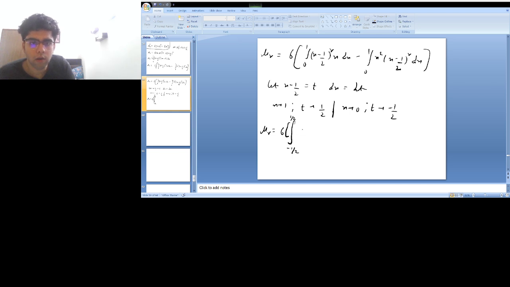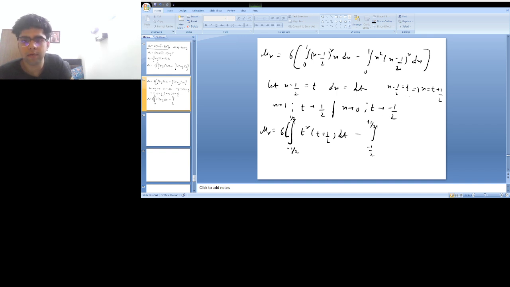I'm left with t to the power r, and x is t plus half. If x minus half is equal to t, this implies that x is equal to t plus half. So I'm just writing this as t plus half dt. Again, if I do the same thing here, my limits become minus half to half.